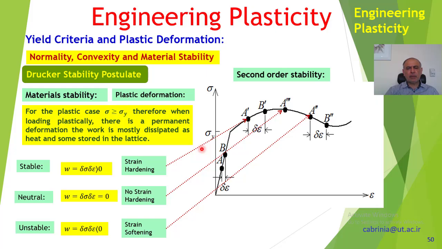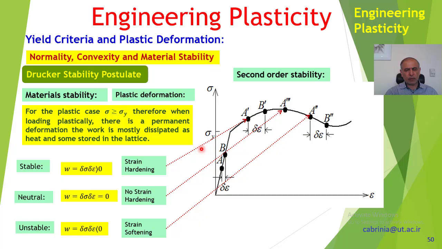More than 90%, maybe 98% of the energy which we apply to deform the material is dissipated as heat, and only 2% or 5% of that energy is stored in the material, in the lattice structure. It is applied to change the slip planes and make the planes slip and move the slip systems.